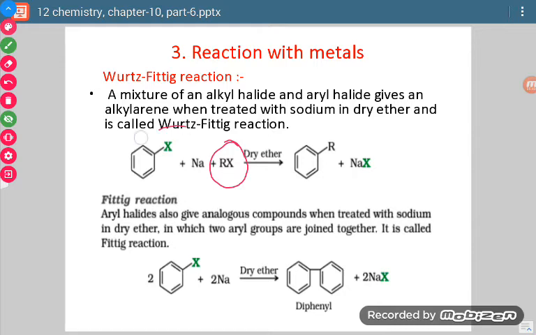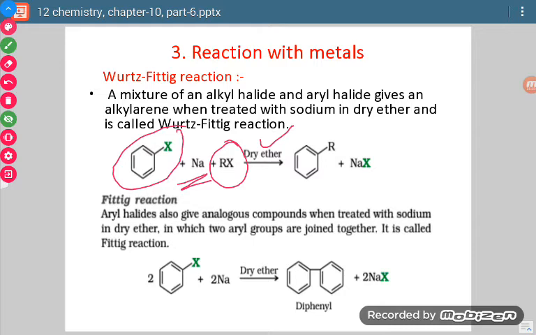The halo group should be the same in both. They are heated in the presence of sodium, and dry ether is required, because if there is moisture, there is formation of alkane also. This we have discussed earlier.